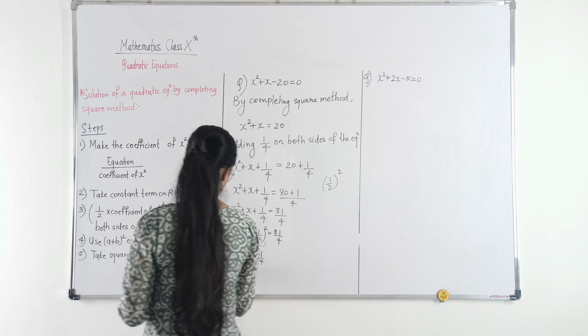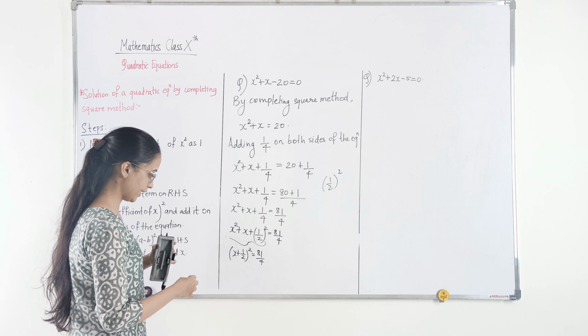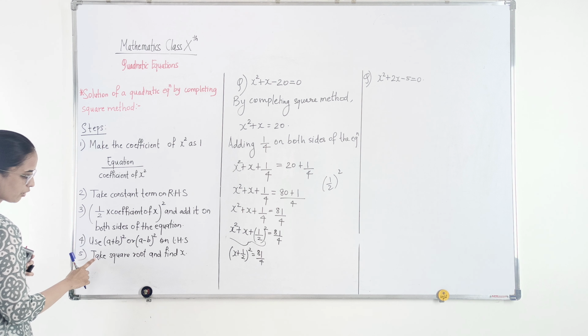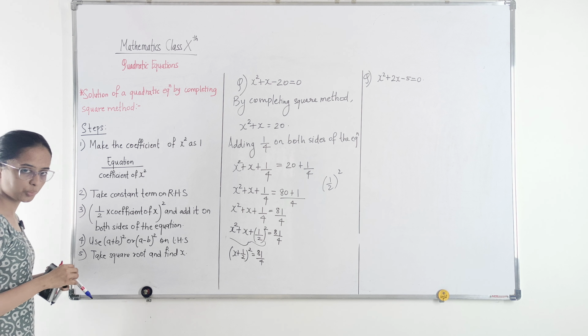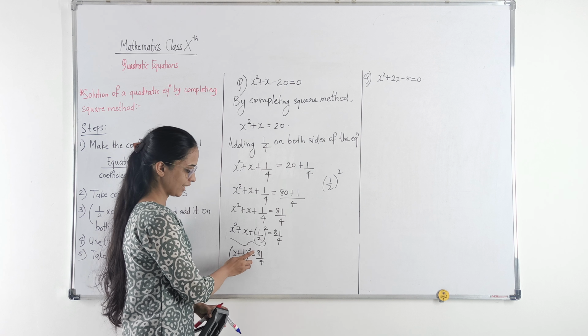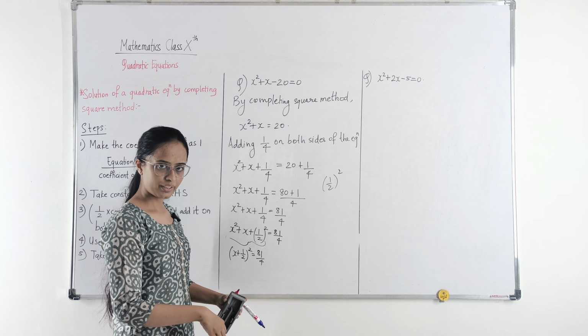Now that we have got the complete square on the left hand side, as per step number 5 we are supposed to take the square root and find the value of x. Our main aim is to find the value of x, but x is enclosed inside this square. In order to remove the square, we are supposed to take the square root.